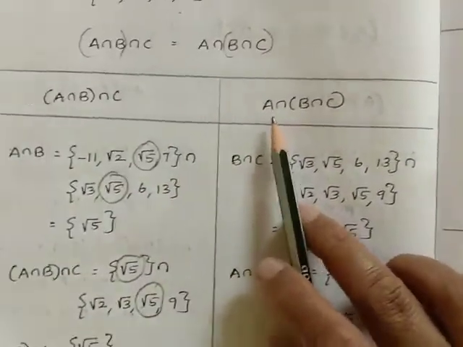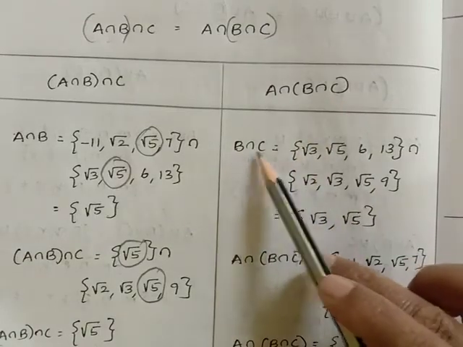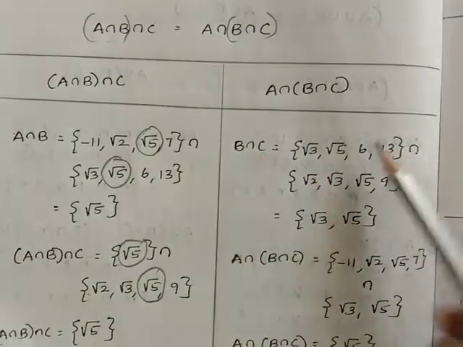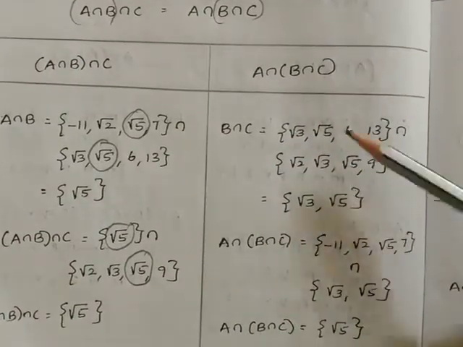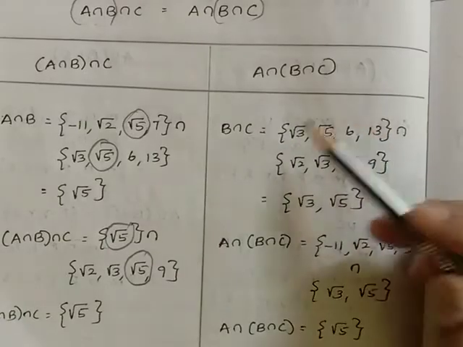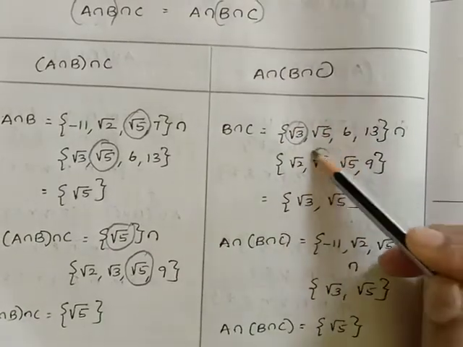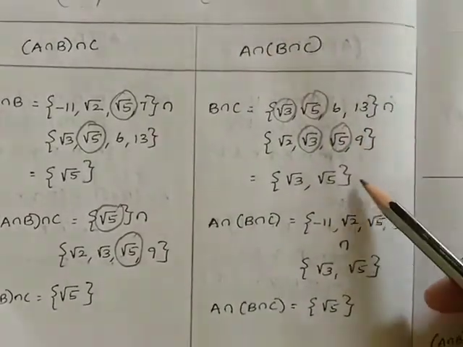A intersection (B intersection C). First we'll solve inside the brackets, B intersection C. Since B is given first, I have written the value of B, intersection, then the value of C. The relationship between them is intersection. Intersection means common. We'll find out what is common here: root 3, root 5. So we'll write down the common elements here.